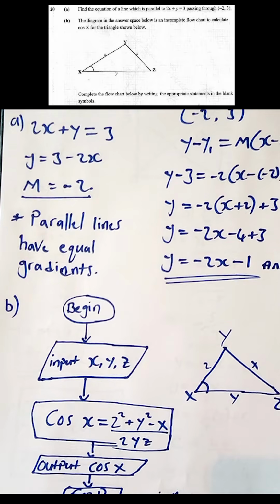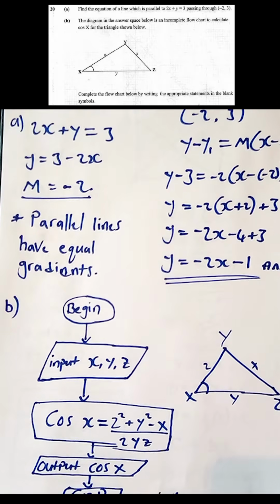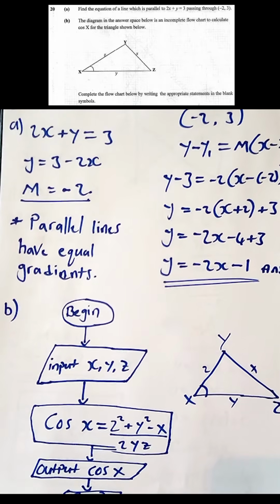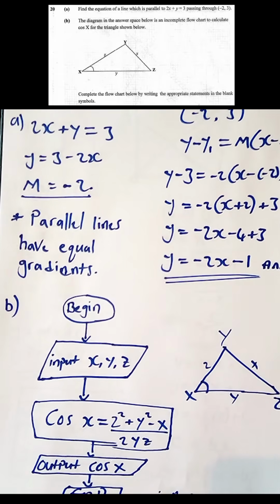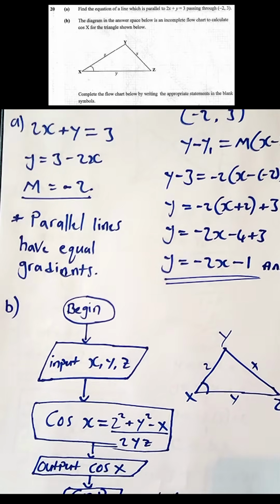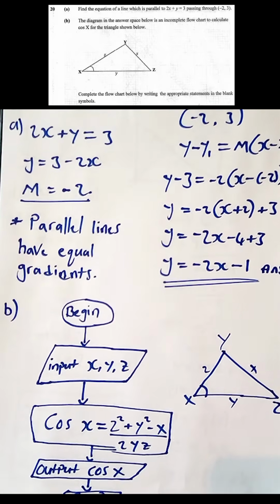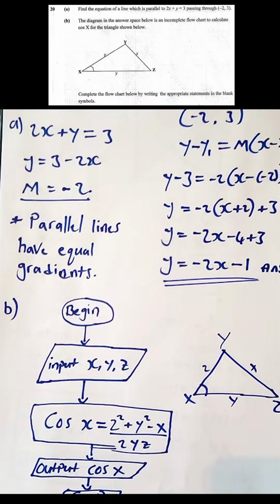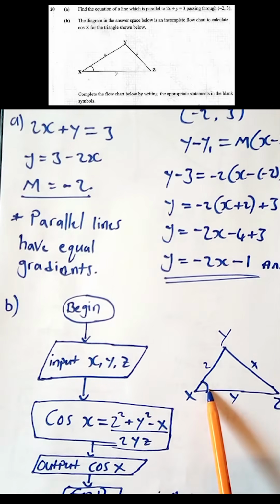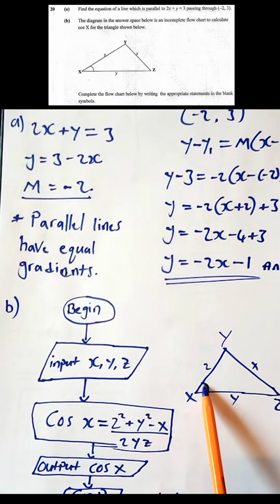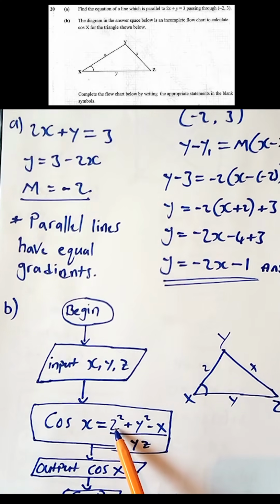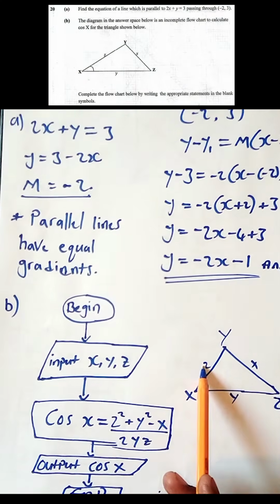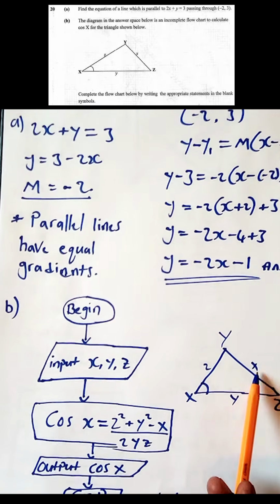Number B, you find computer. So computer, you are told the diagram in the space below is an incomplete flowchart to calculate cos x for the triangle shown below here. So how do you calculate cos x?